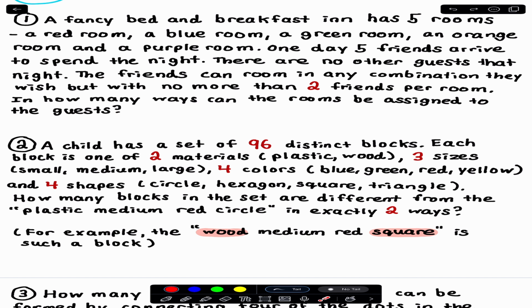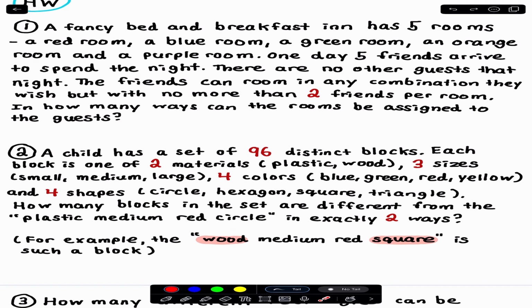So I would break up my cases based on, okay, if let's say the material and the shape is different, or if the material and the size is different, or if the size and the color is different, so on and so forth. Just count them all, break them all up, and then add them up in the end, and then you should get the final answer.